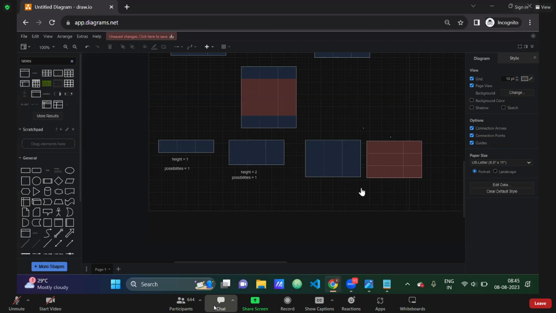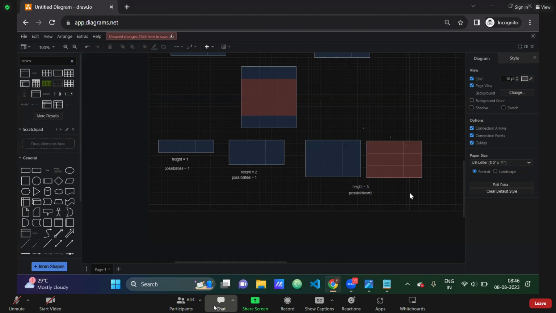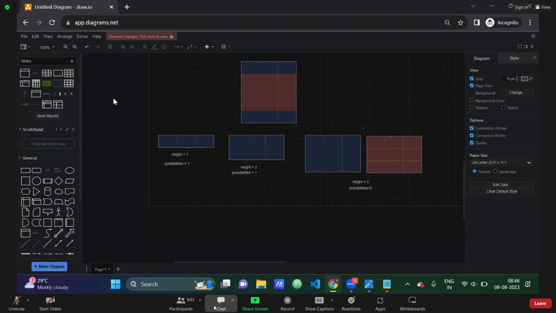So for height 3, you have two possibilities.